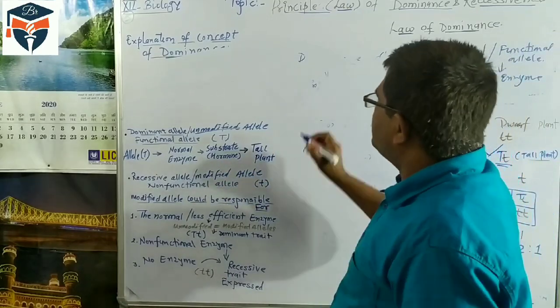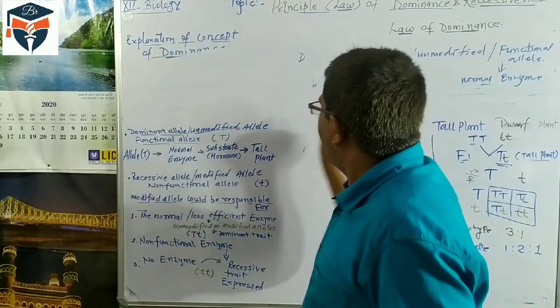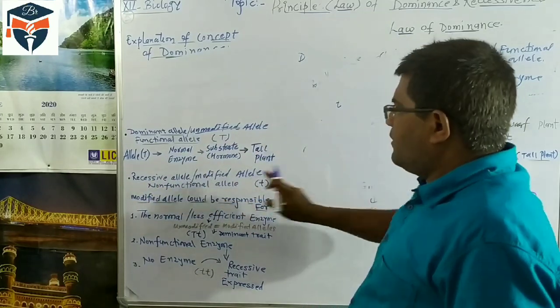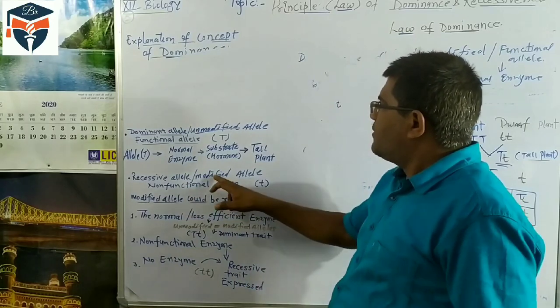But second, the recessive allele, small t, is a modified allele.